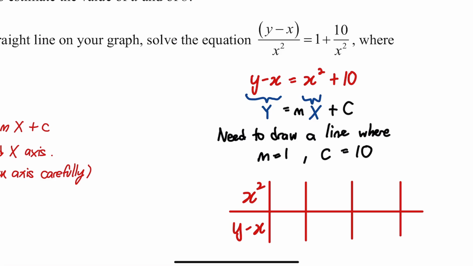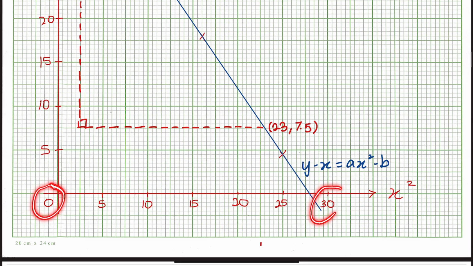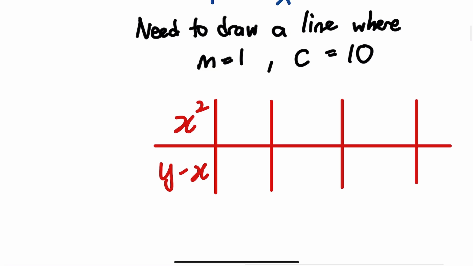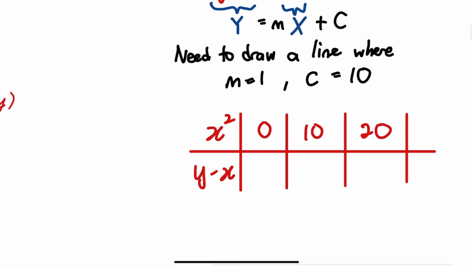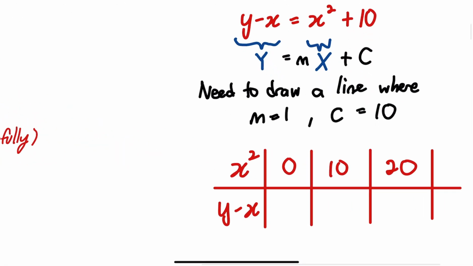So let's say based on my x square range, my x square axis is from 0 to 30. So very simply, maybe I'll just take 0. Let's say I can choose 0, 10, 20. Okay. Then therefore I find out what is the corresponding y minus x value. I know that when x squared is 0, x is 0. Okay.